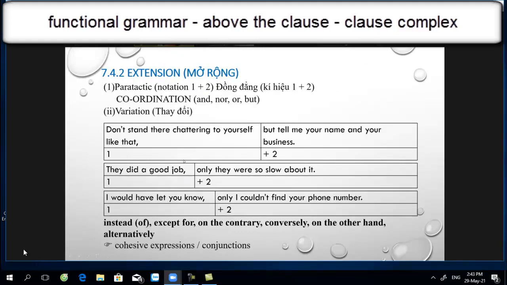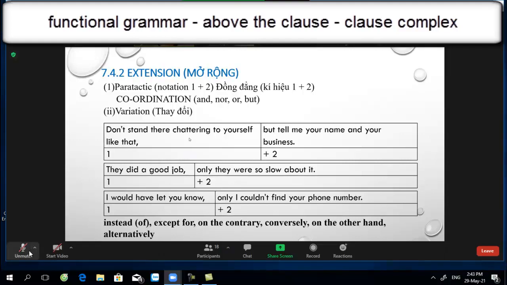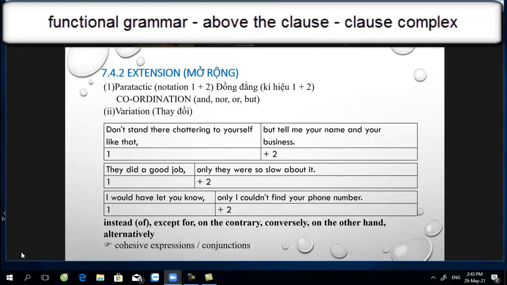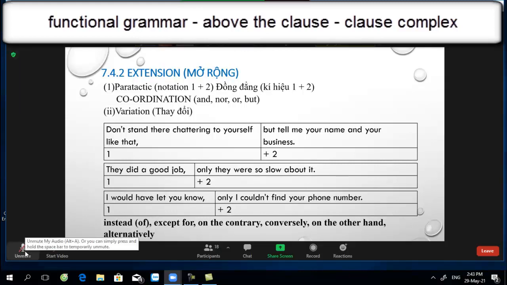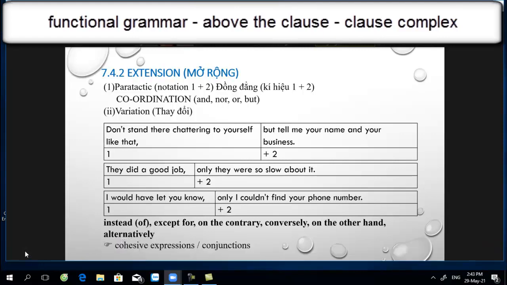Okay, and the first one is about the variation, sự thay đổi. Miss Thư, can you choose another one to read out loud the first example? Miss Ngọc. Don't stand there chattering to yourself like that, but tell me your name and your business. Okay, it's about the changes, right?